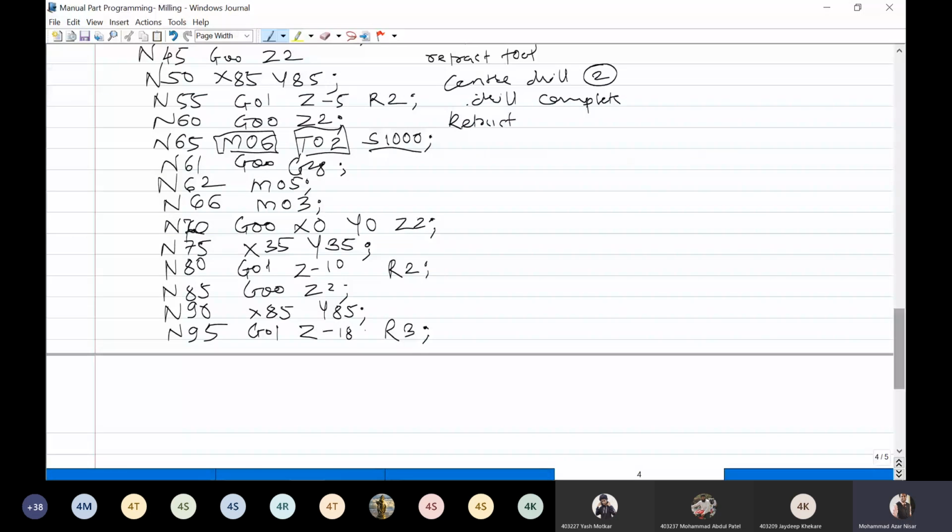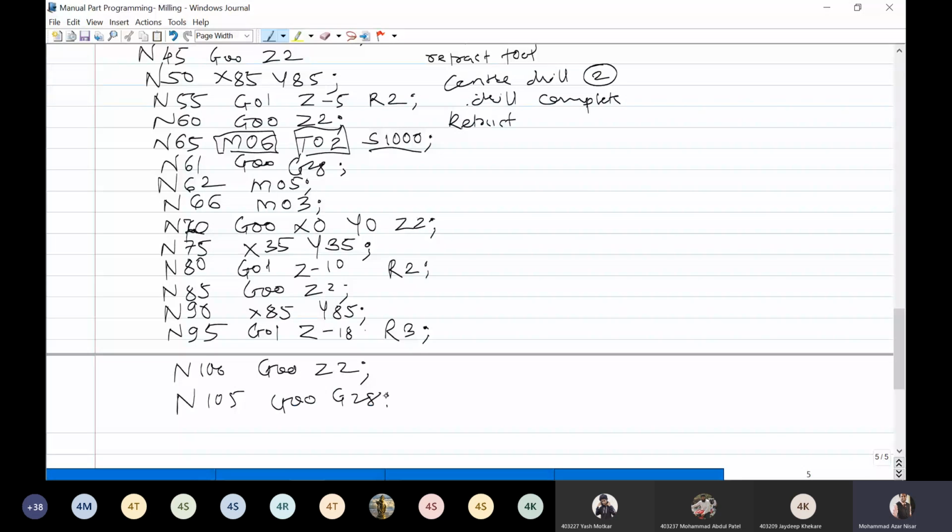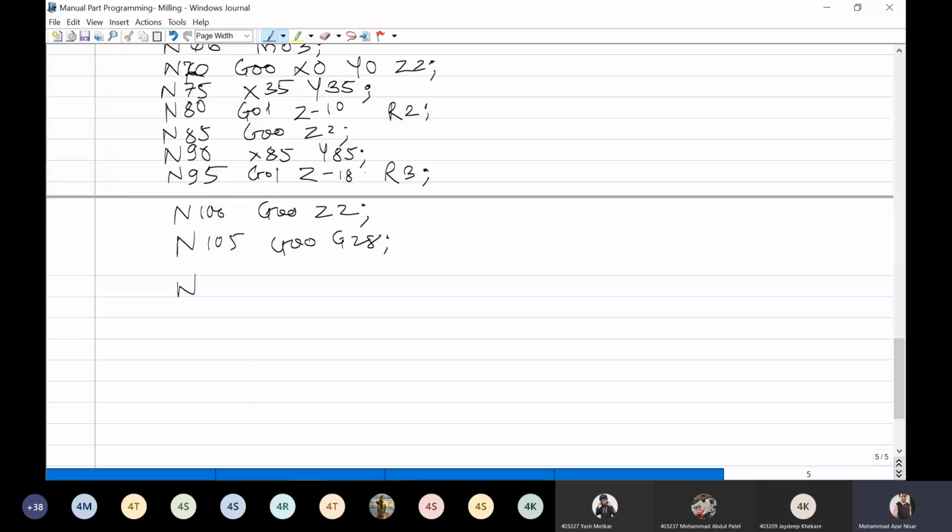So this completes. Again, you have to bring back the tool, G00 Z2, and then you have to change the tool. So again you have to repeat this, N105 G00 G28, so it will come to its homing position. Then you have to stop the machine spindle, so M05.